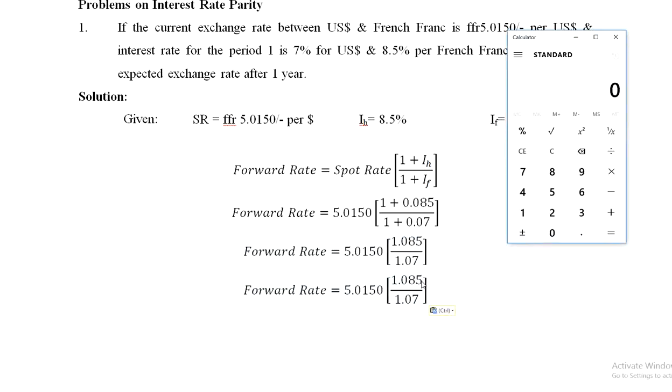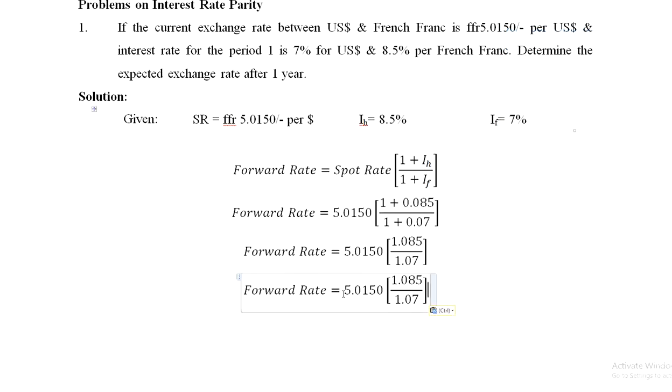Okay, 1.085 divided by 1.07, the value is something like this, 1.014. The value is 1.014. So hence there was a bracket. What we have to do right now is insert a multiplication symbol.